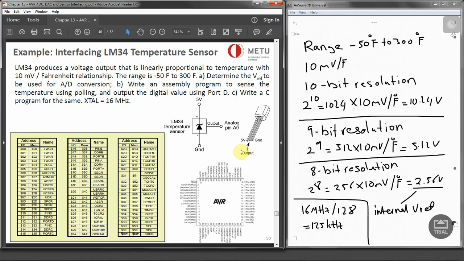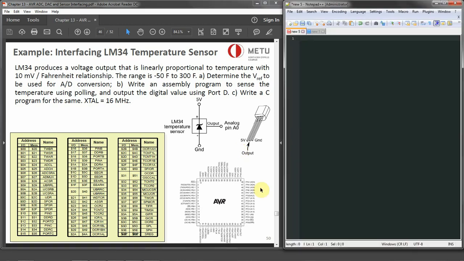So now we are ready to write the code for assembly and the C for ATmega. Right, let's start with the assembly program. The first thing to do is to set the ports as input or output. Now, as port D is going to be an output port and port F is going to be an input port, let's define those.